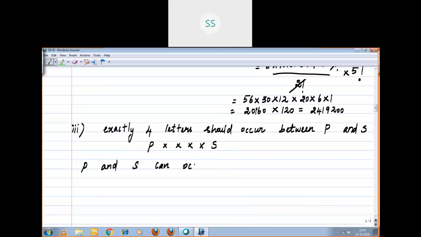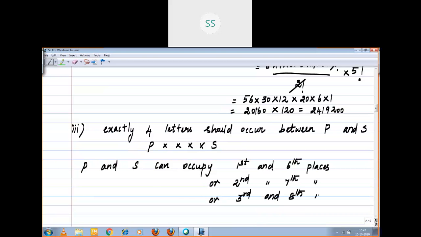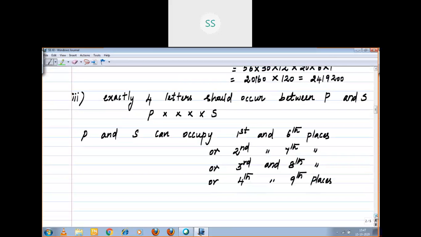P and S can occupy first and sixth places, or second and seventh places, or third and eighth places, or fourth and ninth places, right?